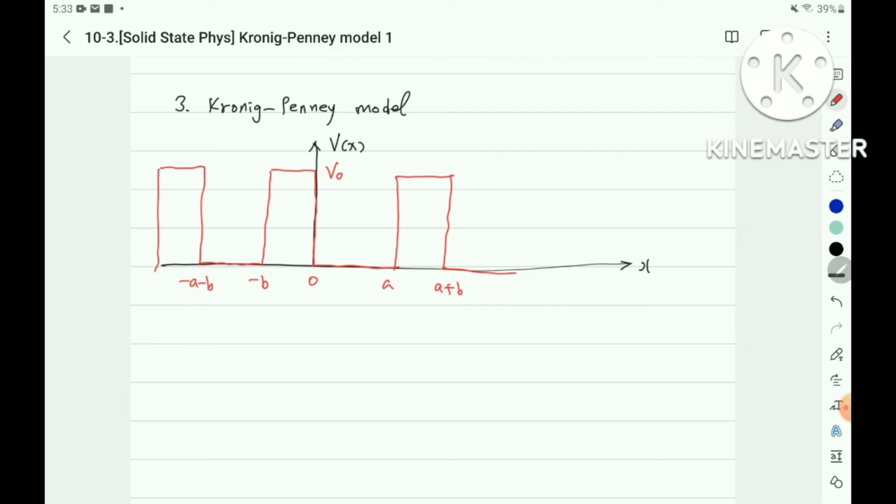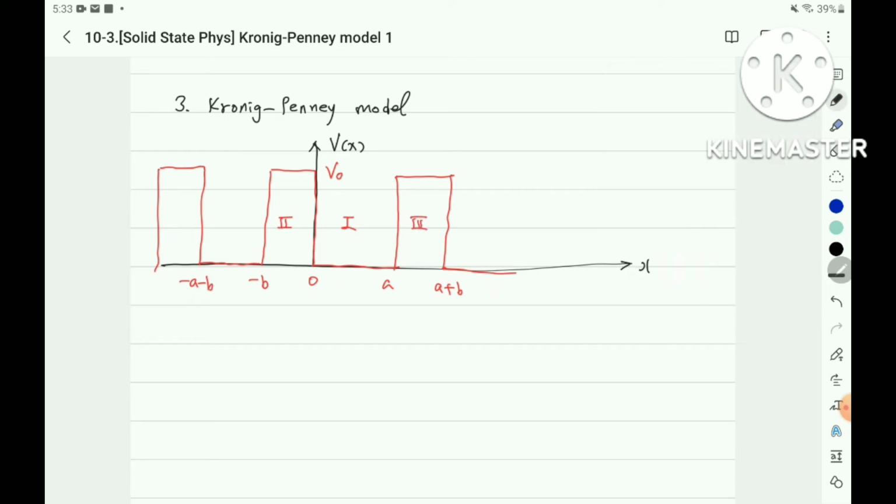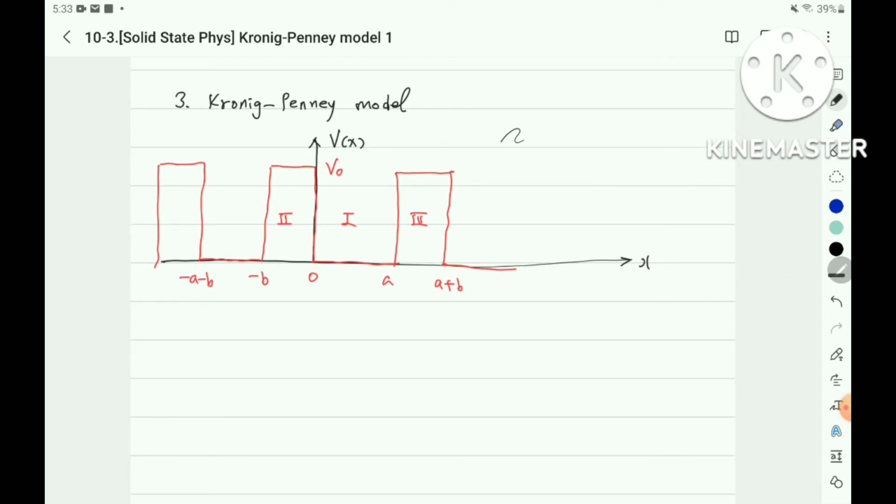And this potential is periodic, and there are three regions: region 1, region 2 and region 3. Here it is a one-dimensional periodic potential.